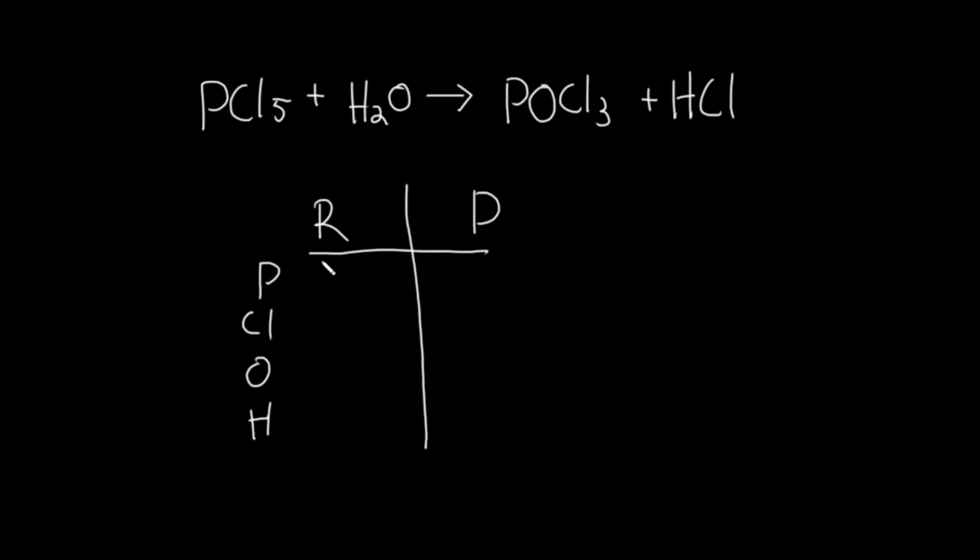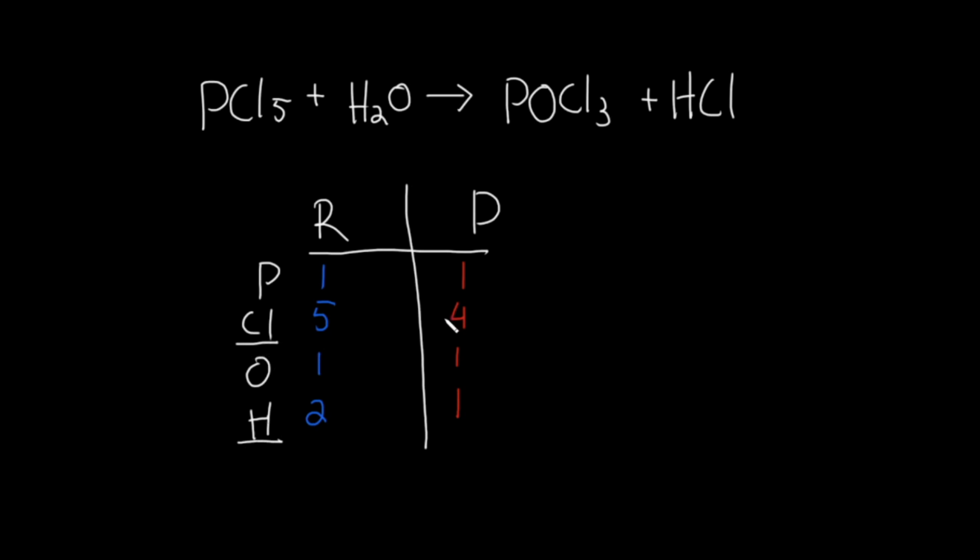We see that we have 1 phosphorus, 5 chlorine, 1 oxygen, and 2 hydrogen on the reactant side. And on the product sides, we have 1 phosphorus, 4 chlorine, 1 oxygen, and 1 hydrogen. So we see that phosphorus and oxygen are already balanced, so we just need to focus on chlorine and hydrogen.